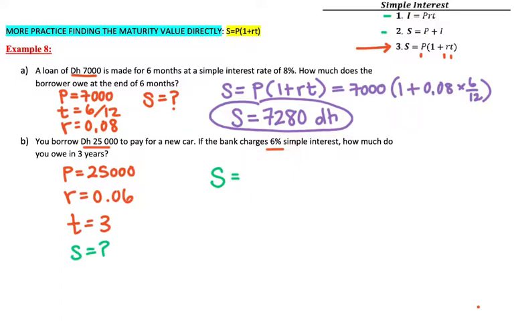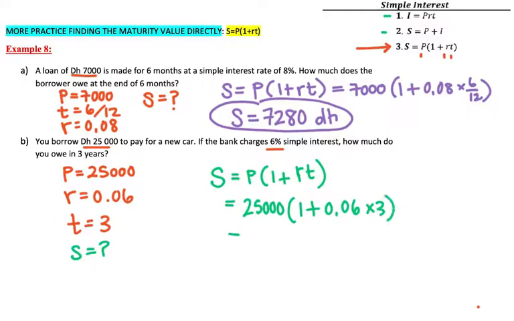So we would do P times 1 plus RT, and we will plug in those numbers: 25,000 times 1 plus 0.06 times 3 years, and we will get that we will owe at the end 29,500 dirhams.